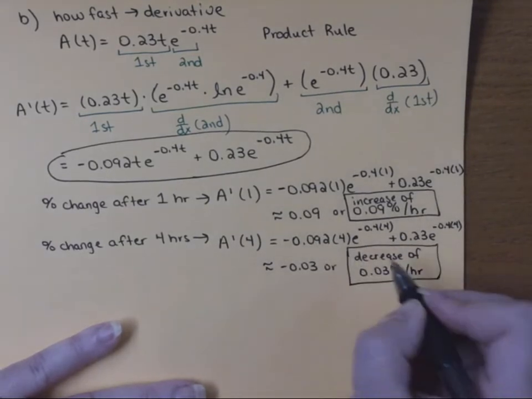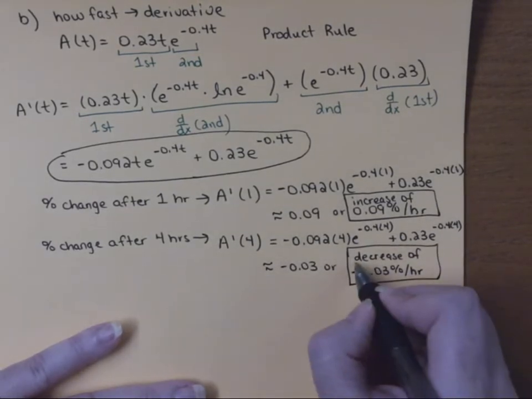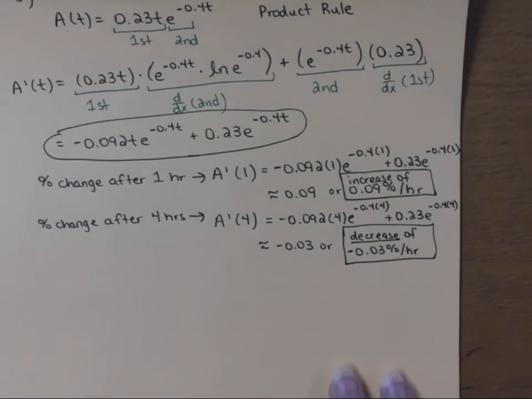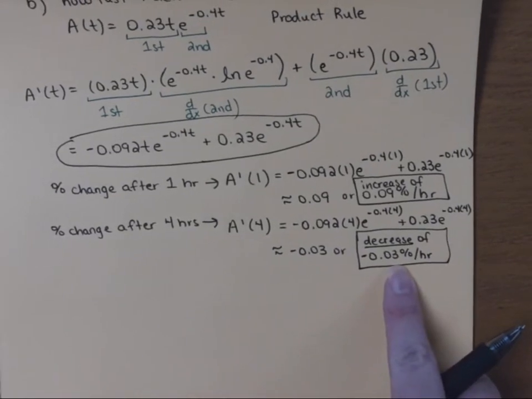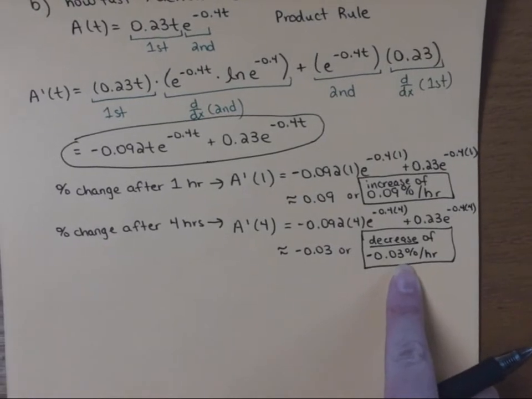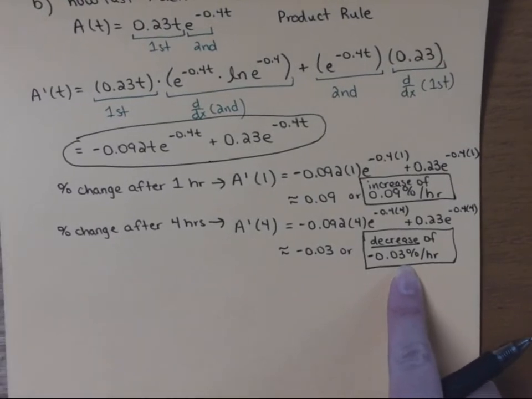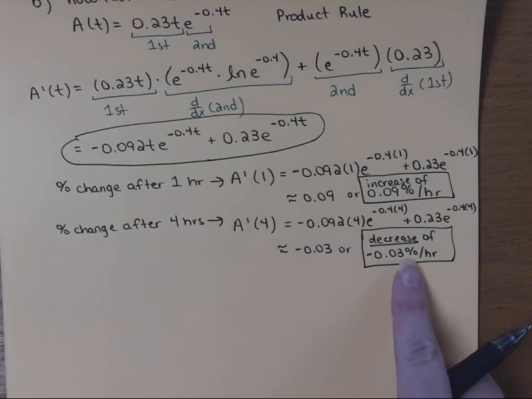Okay, so we'll put a negative there, but make sure that you say a decrease. Okay. By the way, you're still over the legal limit here, but at least it's going down. So, you know, at some point after 4 hours, it would get down low enough where you could drive or whatever you want to do. Okay.